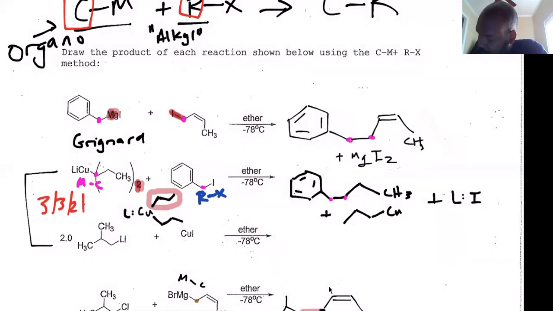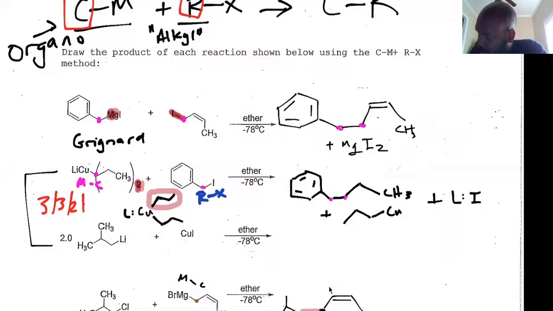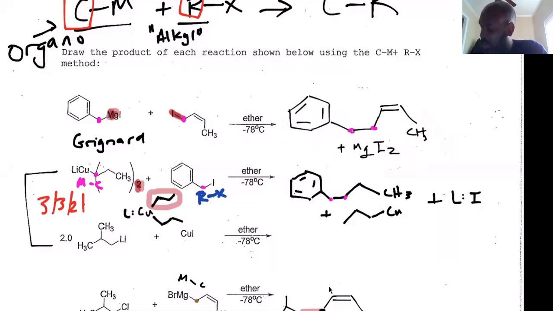Right, those conditions that are shown, that's the way you make the Gilman reagent. That's how you synthesize it. You actually take 2 equivalents of an alkyl lithium or organolithium, and then react it with copper iodide.